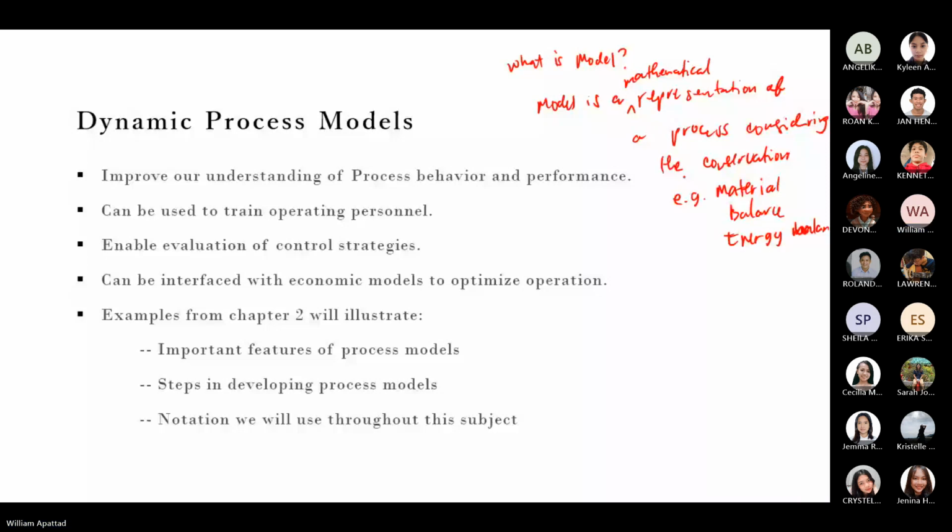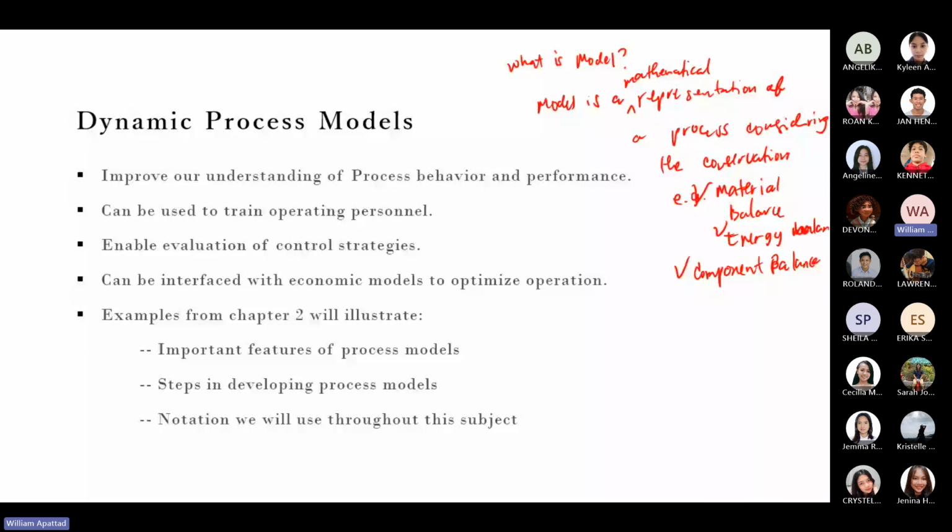Okay, we have component balance. So all of these equations, okay, ang gusto nating mangyari is merge them into one single equation that can represent a process. Okay, why do we need to model?